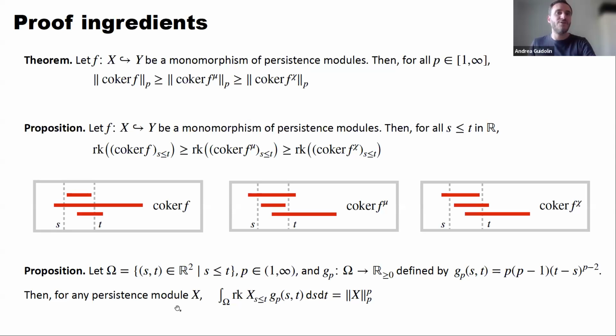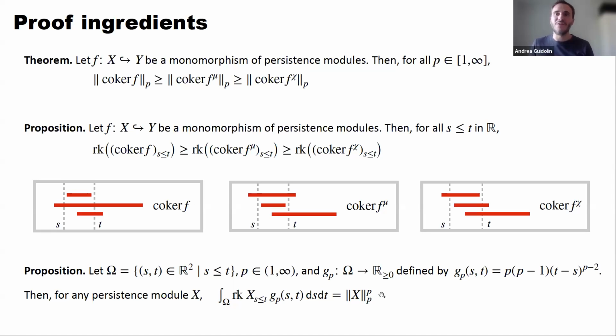Then for any persistence module X, if we integrate over this domain omega the rank invariant of X multiplied with this function g_p, we obtain exactly the p-norm of X raised to the power of p.